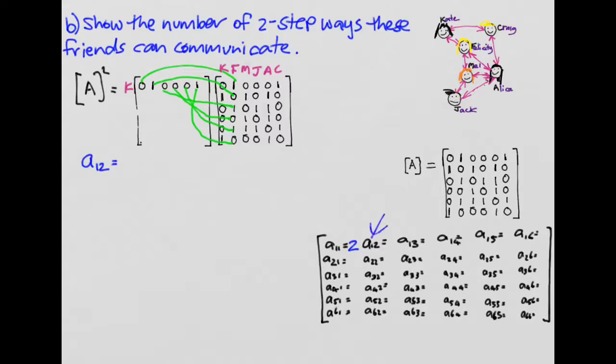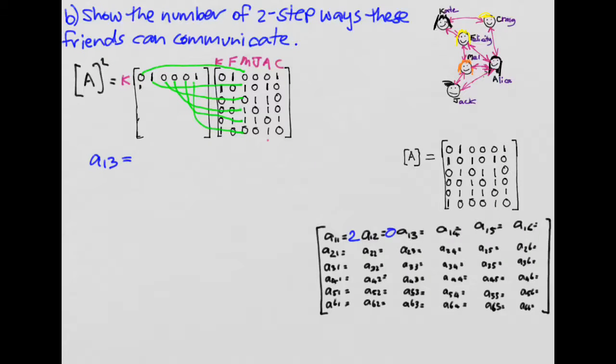Now for the A12 position, we're still working with row 1, Kate, but now we're going to work with column 2, and that is Felicity. So A12 is equal to 0 times 1 plus 1 times 0 plus 0 times 1 plus 0 times 0 plus 0 times 1 plus 1 times 0. And that equals 0. So we go ahead and put a 0 in for A12.